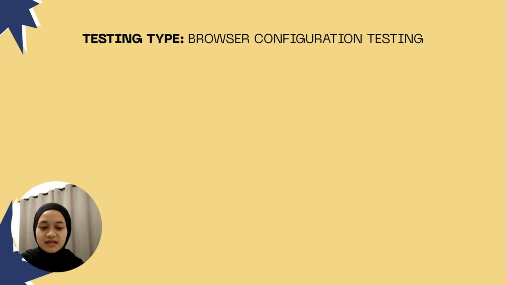So here is what we have tested. We verified that the homepage displays correctly in three different browsers: the first one is Chrome, the second is Firefox, and the last one is Edge. These three browsers represent about 90% of global usage.